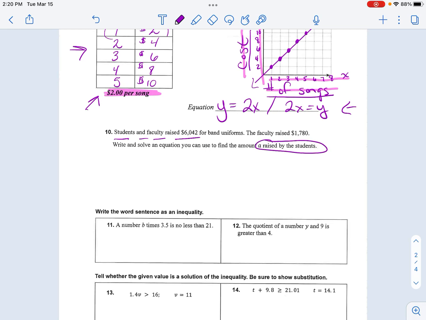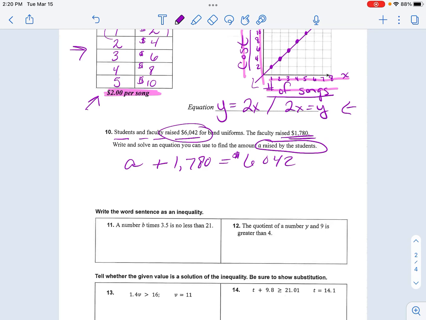We're not sure how much the students raised, but the faculty raised $1,780. All together, they raised $6,042. There's my equation.